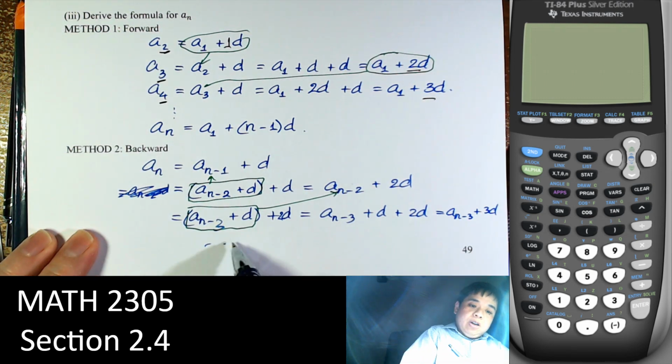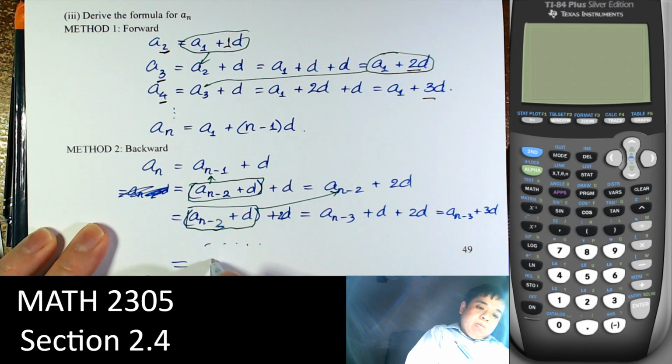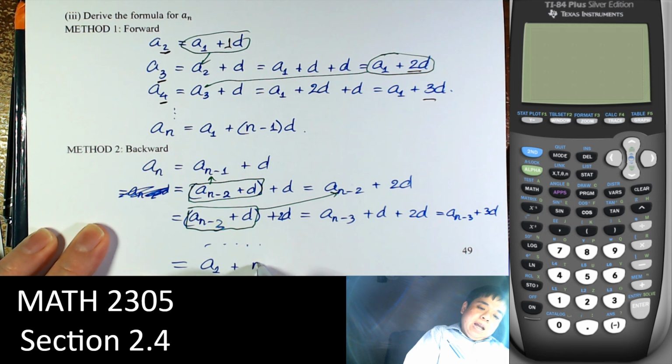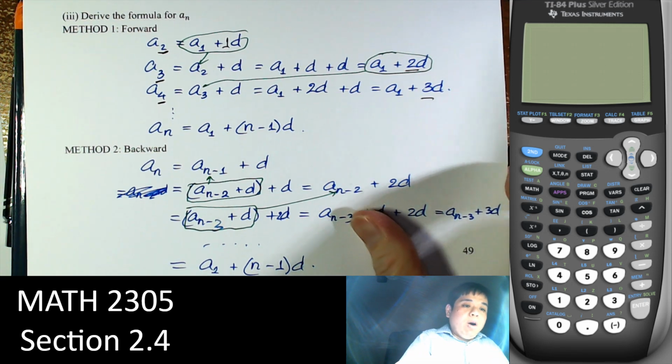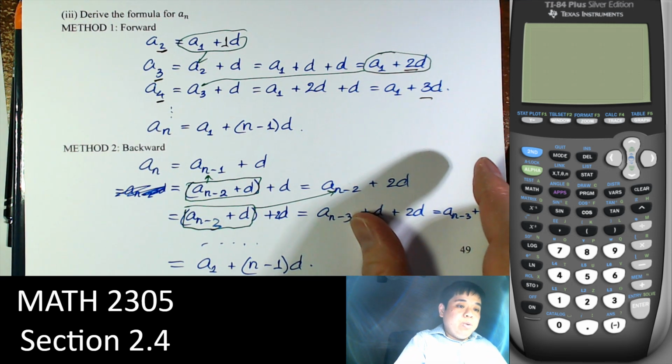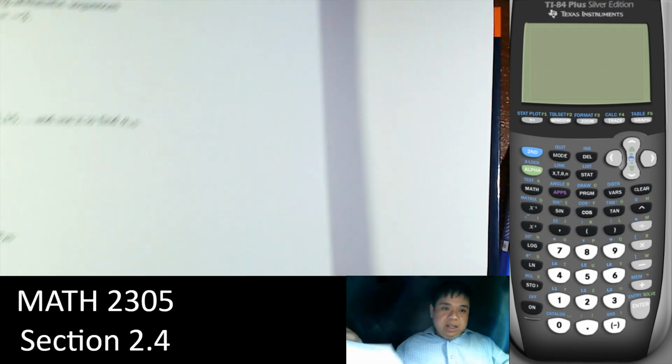And if this pattern continues, we stop at A1 plus n minus 1 d. Right. Bottom line is A sub n equals A1 plus n minus 1 d.